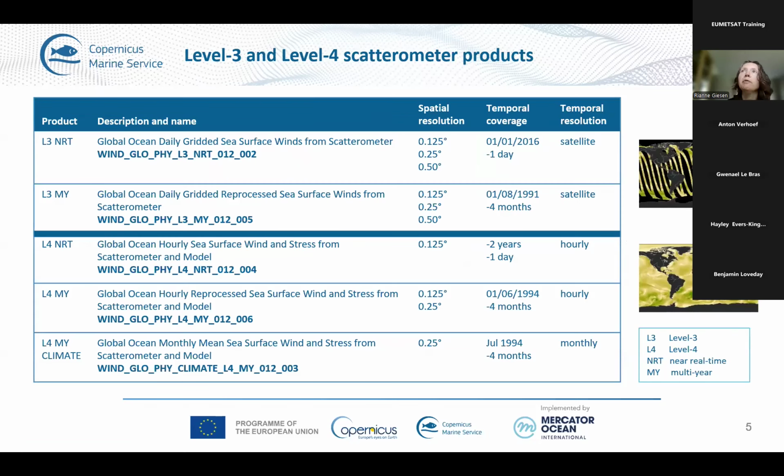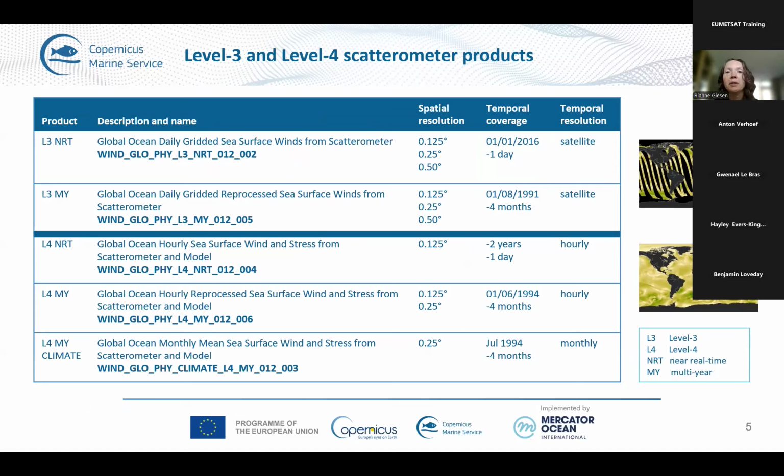So here is an overview of the level 3 and level 4 scatterometer products that we provide. For level 3, we both have a near real-time and a multi-year product, which are complementary, similar in structure, and available at different resolutions.